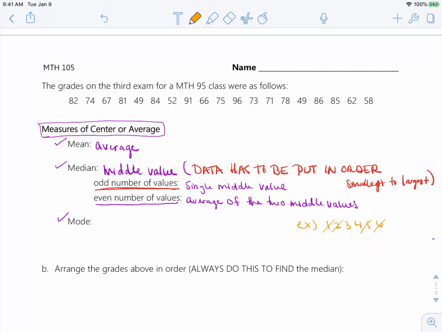Well, I don't have a clear middle number, right? These two. So what I need to do is take the average. So 3 plus 4 equals 7, and then I have to divide that by how many values there are. So my median for this set of data would be 3.5. All right, so it's easier if you have an odd number of values.